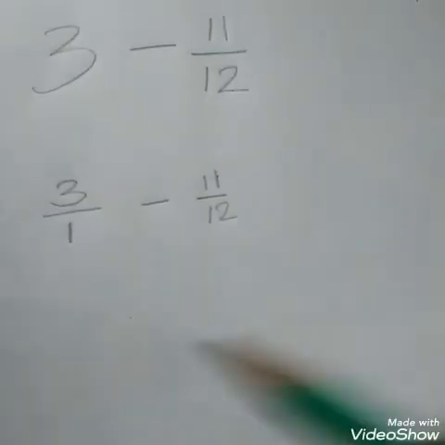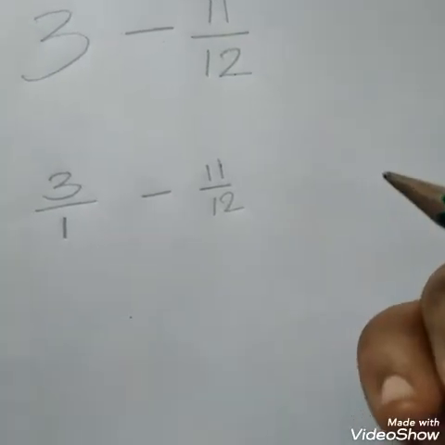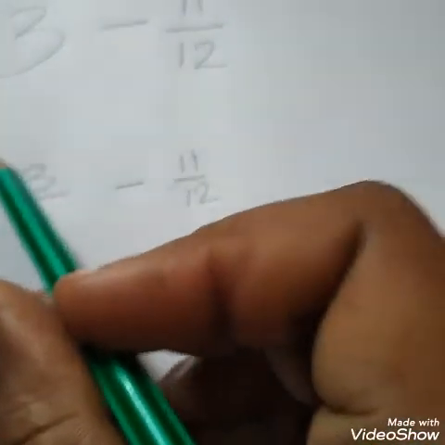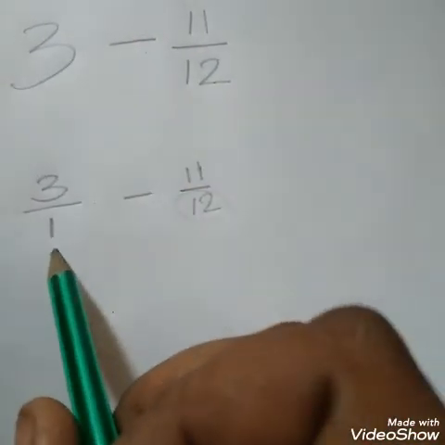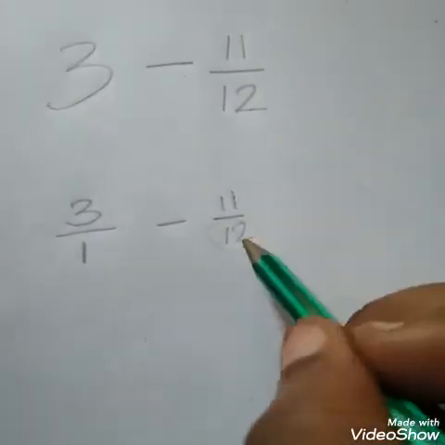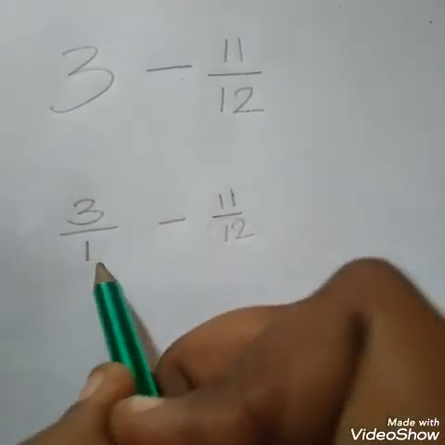Then after we have done that, we're going to multiply this denominator here by the fraction on this side, because we're trying to get a common denominator, the same denominator. All right, guys. So we're going to multiply the 12 by the 3 and the 12 by the 1.